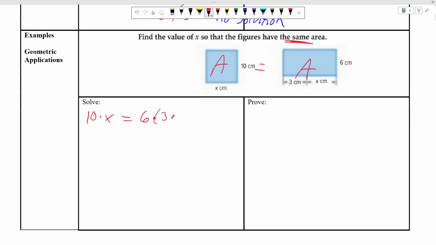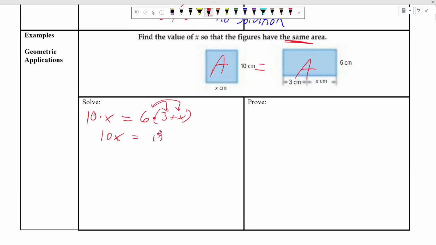So 3 plus x. Okay, so 10x equals, if I distribute this, let's a little cleaner handwriting here. All right, there we go.